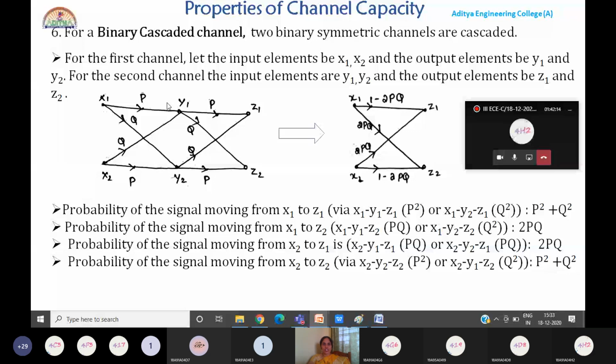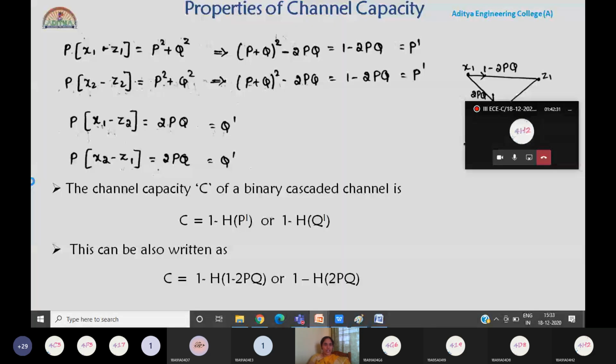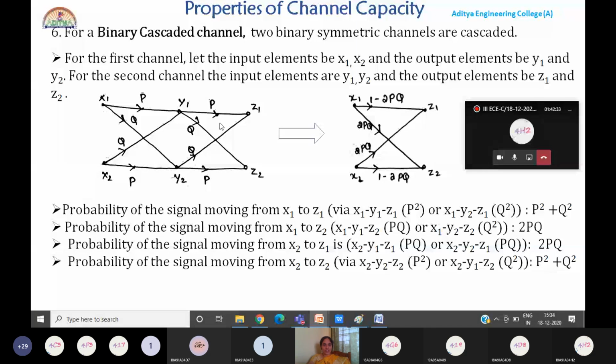One is x1, y1, z1. So the probability will be p into p, so p square. And the probability of x1 moving to z1 via y2, so x1, y2, z1: look here, x1, y2 probability is q and y2, z1 probability is also q.